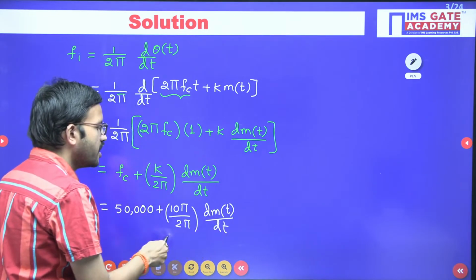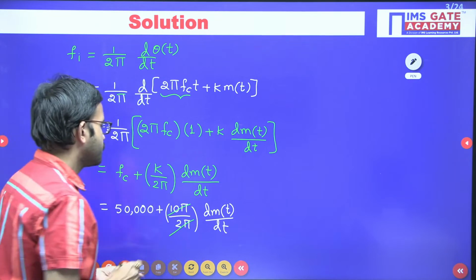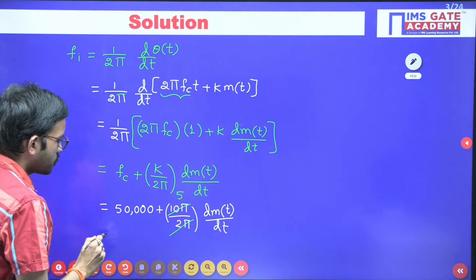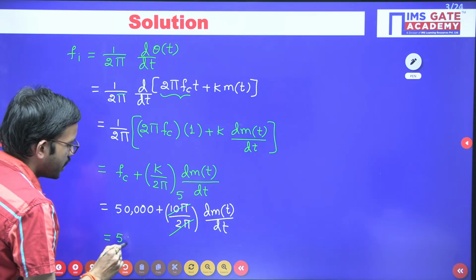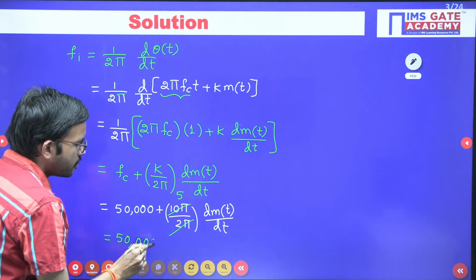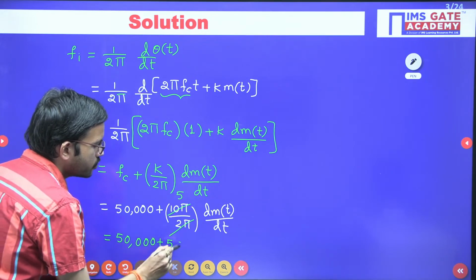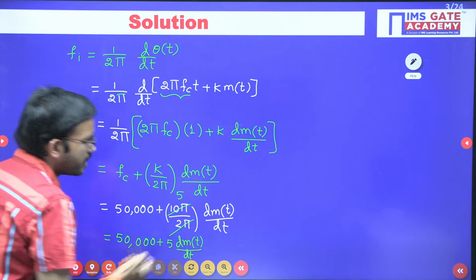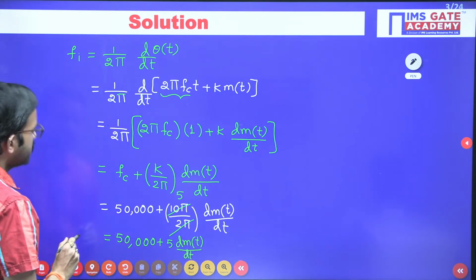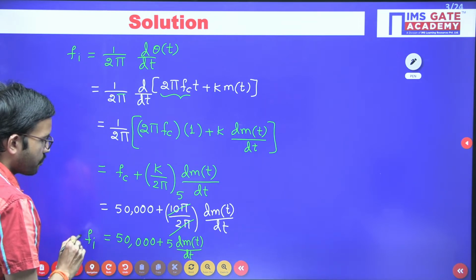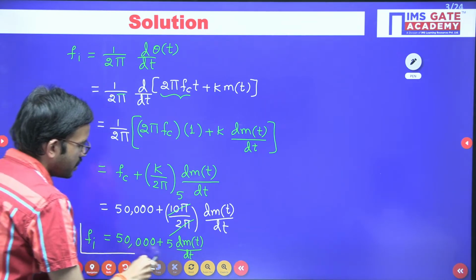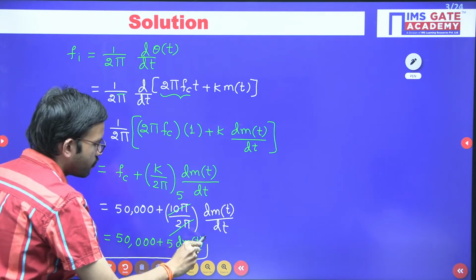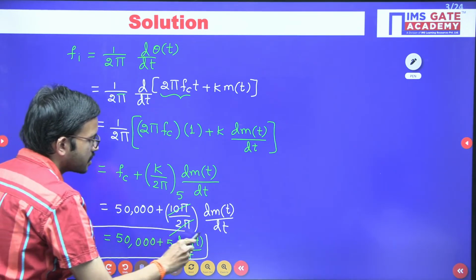Here 2 pi how many times? 5 times. 2 pi into 5 is nothing but 10 pi. So from here you are going to get one equation like this: 50,000 plus 5 into dm of t by dt, right? This is the instantaneous frequency you got.